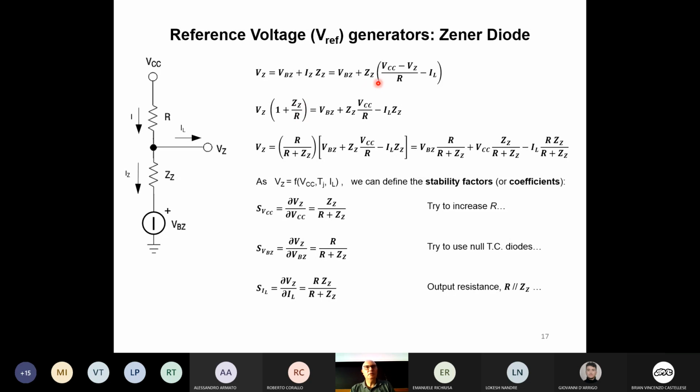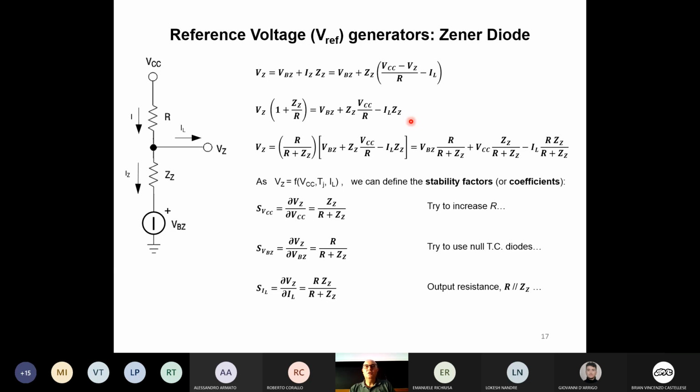Okay. So I am collecting this part here. What is left on the right side? VBZ is here. The product ZZ over R times VCC is here. And then we have ZZ IL, so minus IL ZZ. Okay.